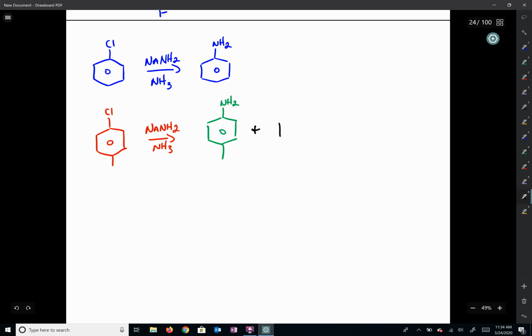And we get this product in about a 50-50 ratio. Okay, so something is going on here then. So let's look at a new mechanism. So what's going on here? We'll call it an alkyne mechanism.